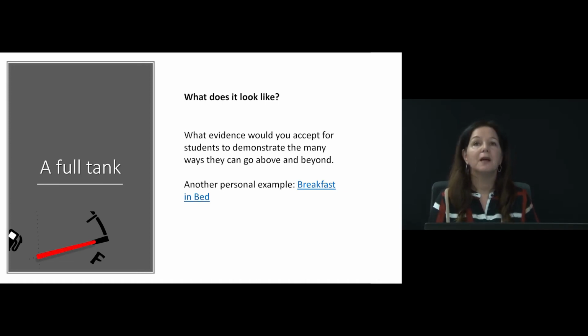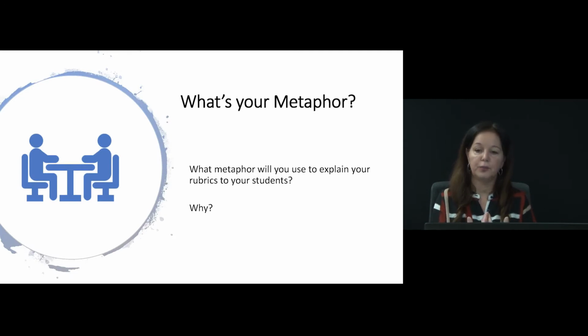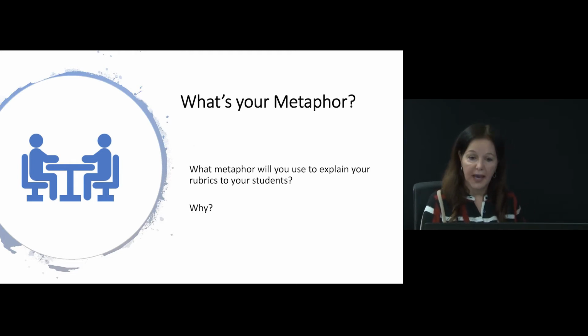Alrighty, so this is how I would communicate the idea of rubrics. This is how I would personally explain to my students. I will use the analogy of the gas meter, and I will explain why it works for me and why I think it would work for them.